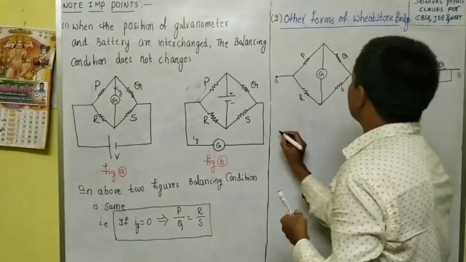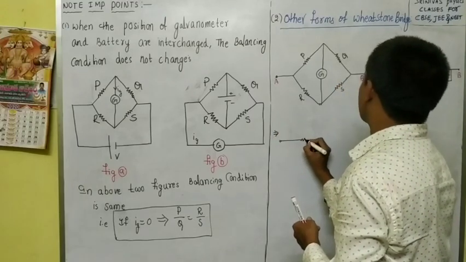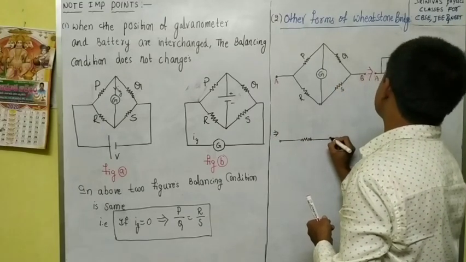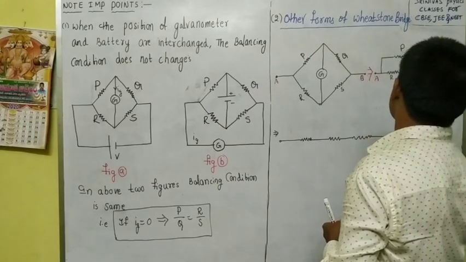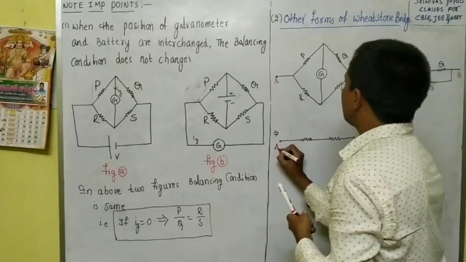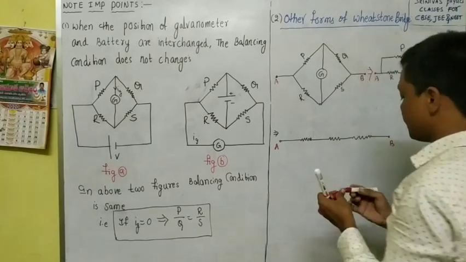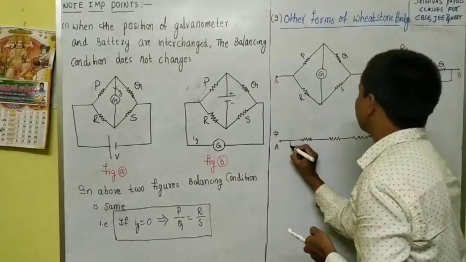The other equivalent diagram: again we have to draw the three resistors, and this is A and this is B. Instead of drawing above, we have to draw below.